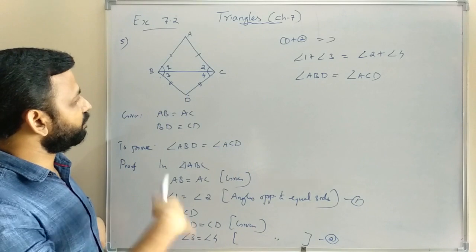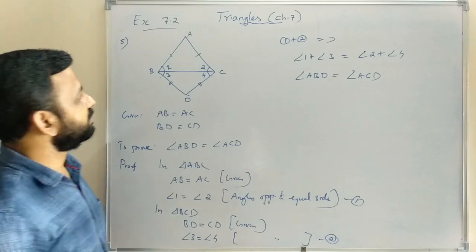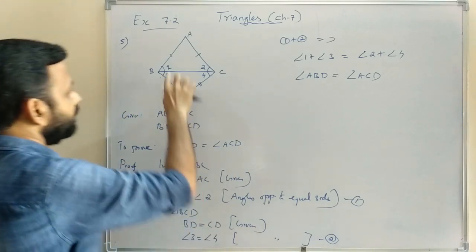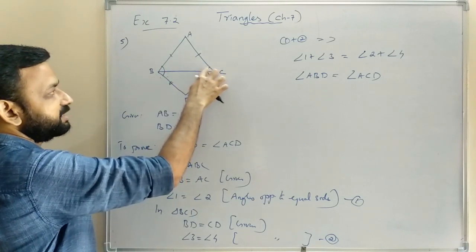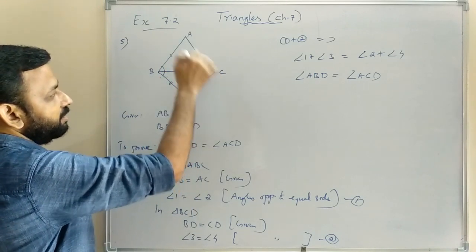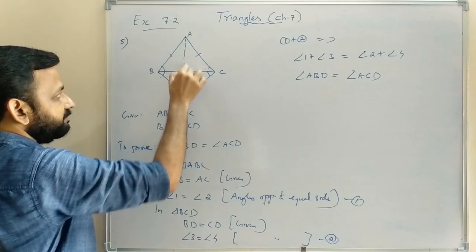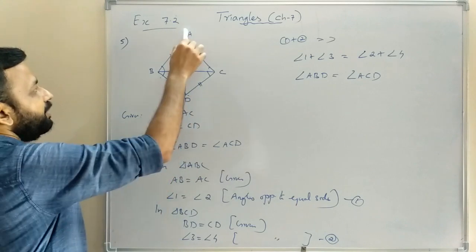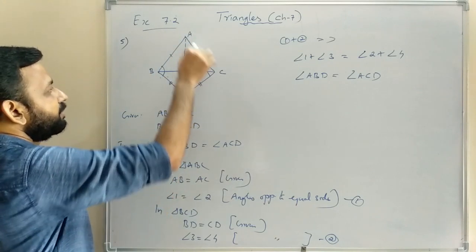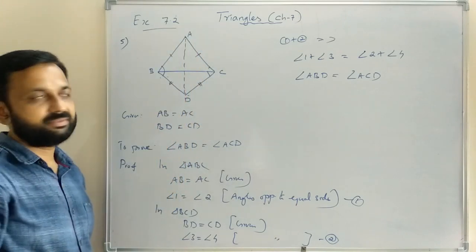This question we can do by another method, instead of taking angles 1, 2, 3, 4. One more method is there. Just join AD, that is the construction. Then we can prove triangle ABD congruent to triangle ACD.